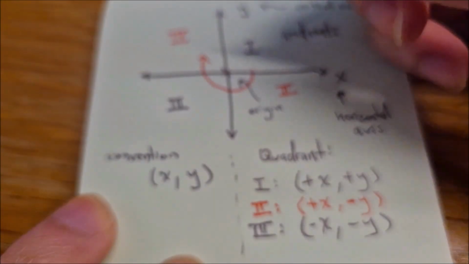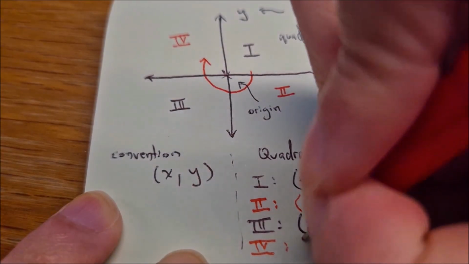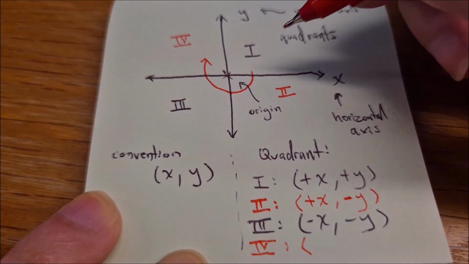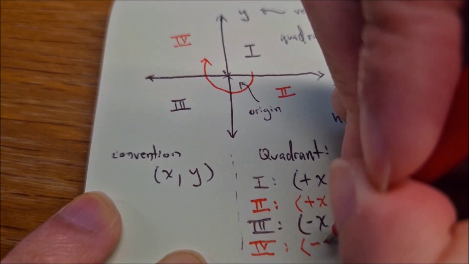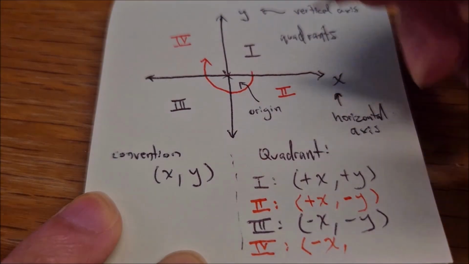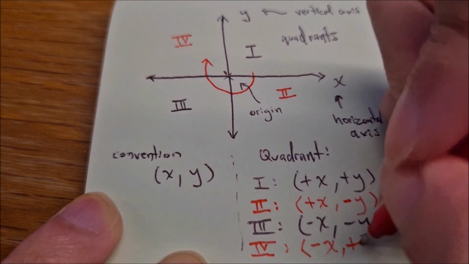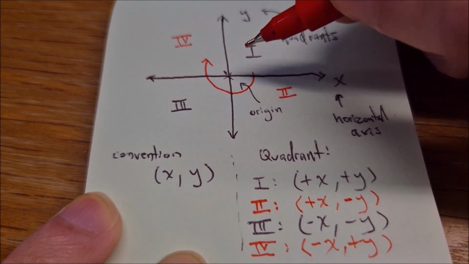Finally, if we're in quadrant 4, our x will be negative, but our y will be positive. It all depends on where the origin is.